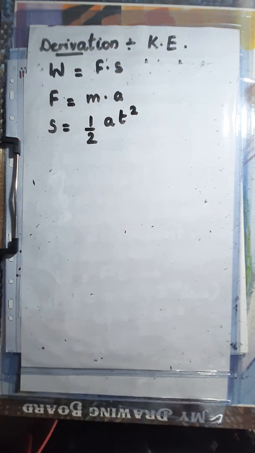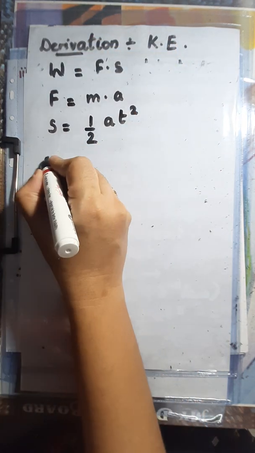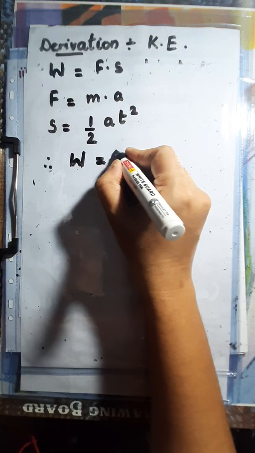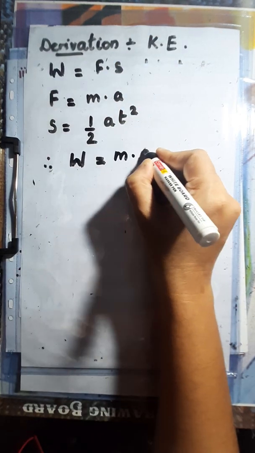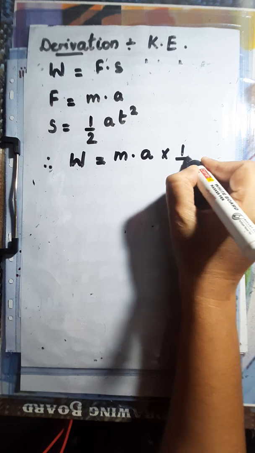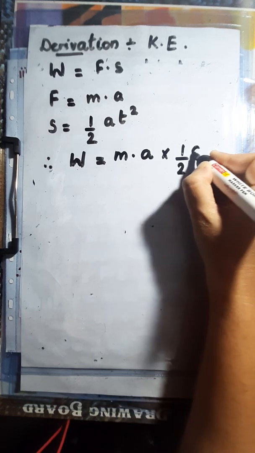You don't have to write this again. Therefore, work is equal to, instead of F, can we put m dot A, and instead of S, can we put half at square.